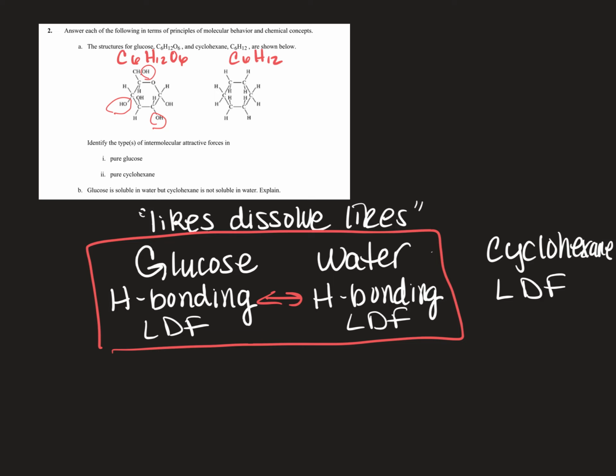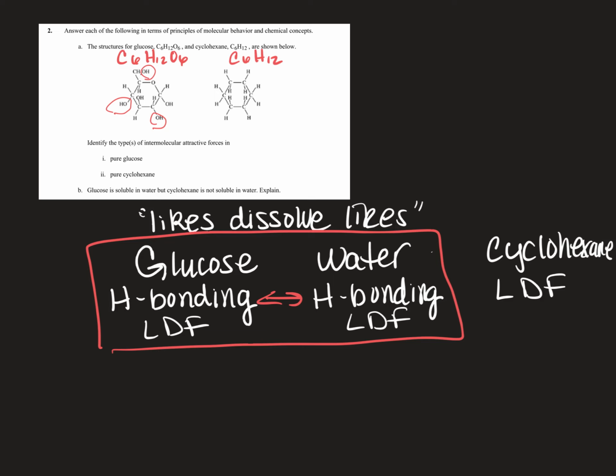Now, it does help that when we're looking at polarity, dipole-dipole will interact with something that has hydrogen bonding. But the best solubility happens when we're dealing with hydrogen bonding, so hydrogen bonded substances will dissolve very well in water because they can also hydrogen bond with the water.